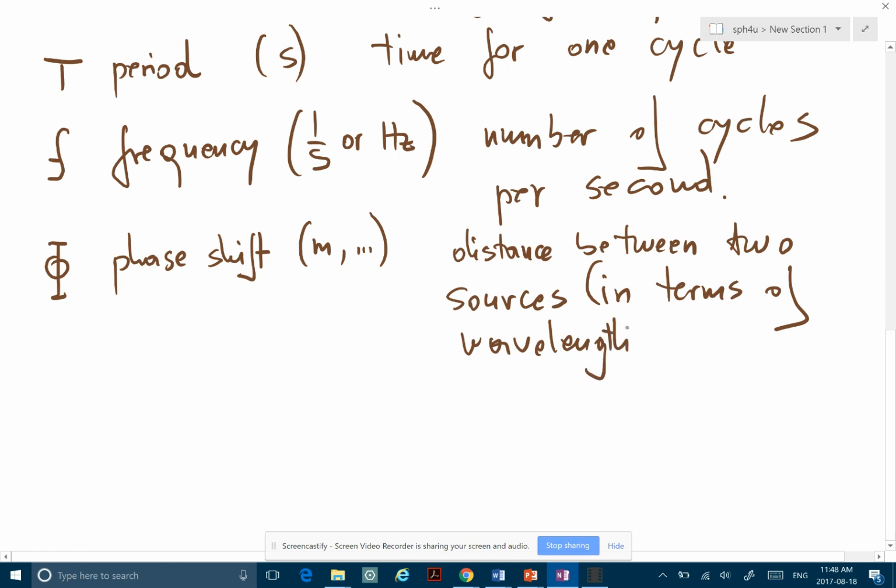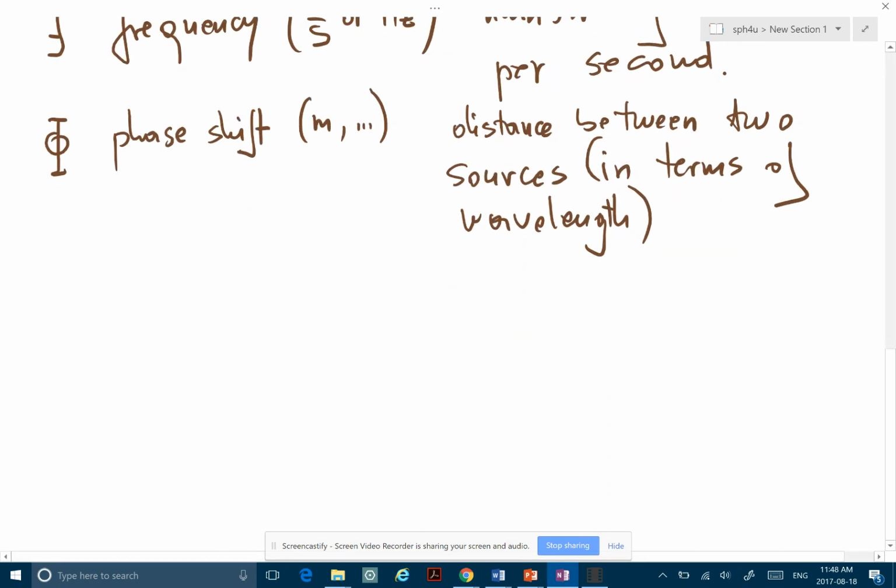Okay, so again, the phase shift can be represented in degrees, as you've done in math, and in radians.